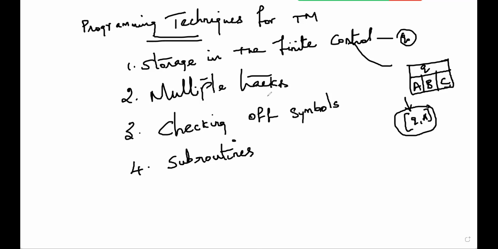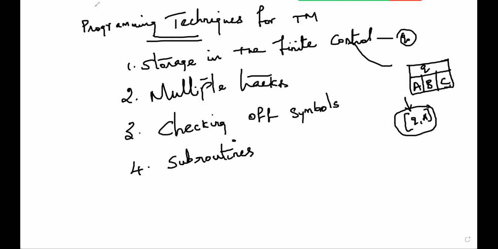In that particular situation, I can go for multiple tracks. Checking of symbols is again a 2 track. The symbol you recognized in the input tape, you are going to mark off in the other track. Subroutine looks like a function concept. So I have to execute a main, but your main diagram should go to another diagram.